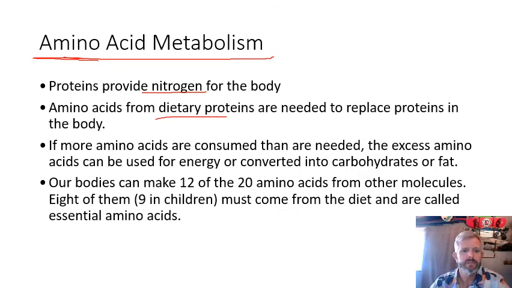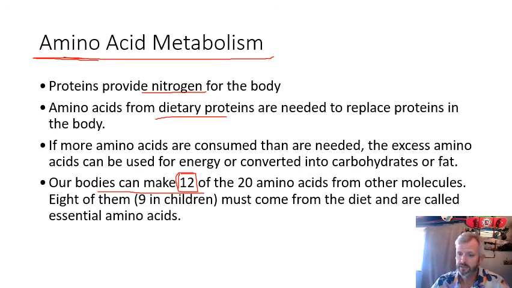Our bodies have essential and non-essential amino acids, and you'll see why in a second. We can actually make amino acids from other amino acids. There are 12 that are considered non-essential, though in kids there are only 11. We have the enzymes to make these amino acids. There are 8 of them that we have to get in the diet.